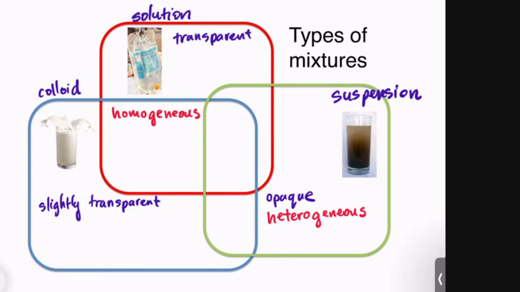For example, in the NaCl solution, you can't tell the NaCl from the water, right? Or in the milk, you can't tell the protein particles in there from the water. Whereas in the suspension, you can distinctly see the chunks of dirt from the water. So that's why it's heterogeneous.